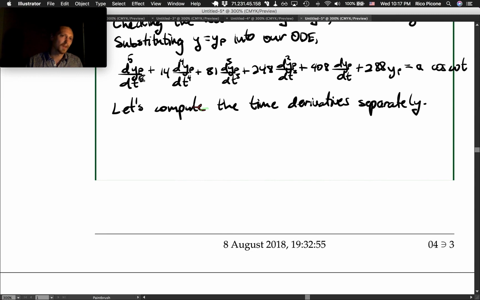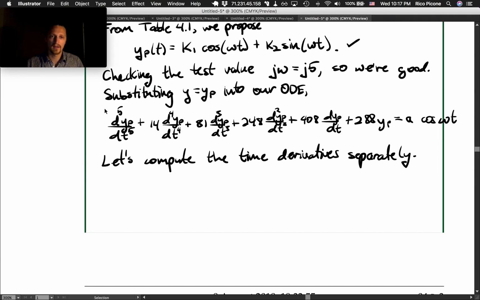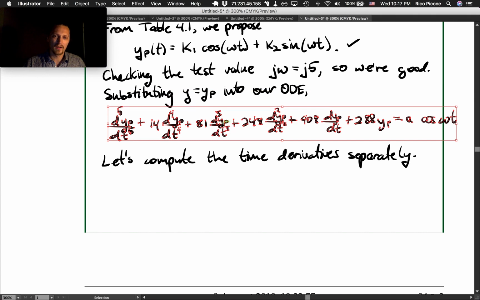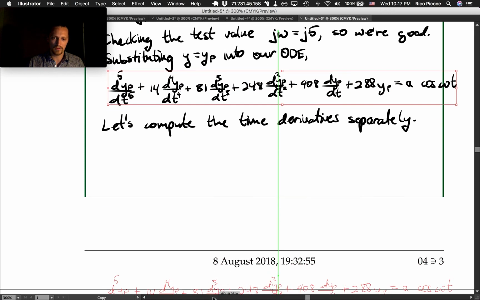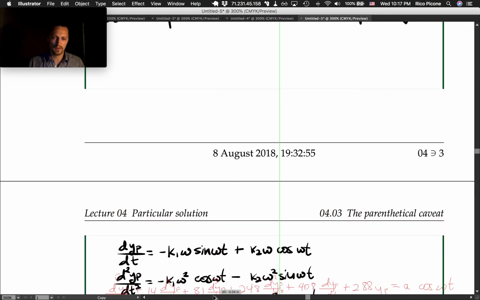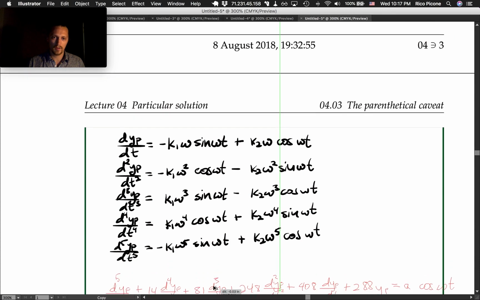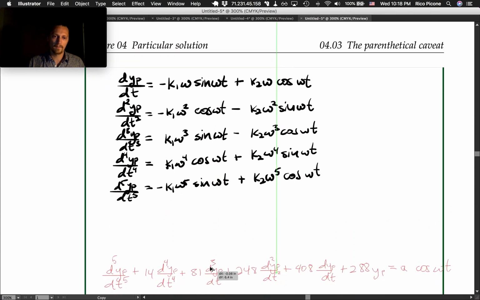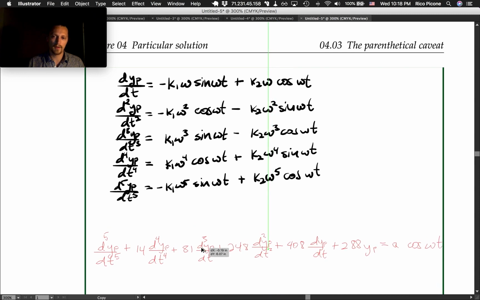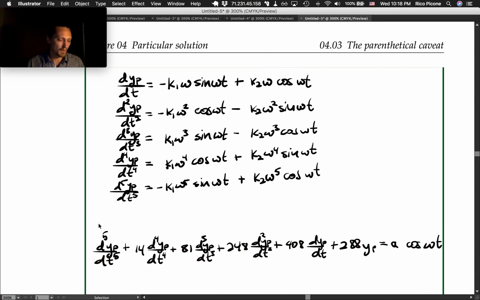Each term, we plug in, and then I'm going to copy this down so we can see it while we do the substitution, because it's a little hard to see. Okay.